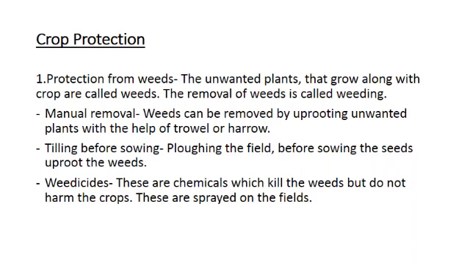It is khurpi, and it should be done carefully so that the main crops do not get damaged. Next method is tilling before sowing. Tilling, you know that it is plowing, and the field is plowed before sowing the seeds. During plowing, weeds also get uprooted.